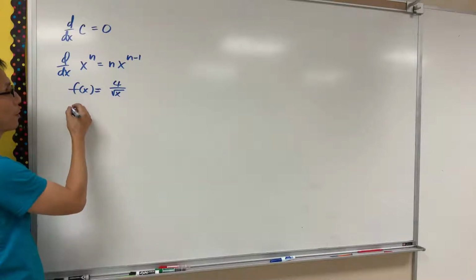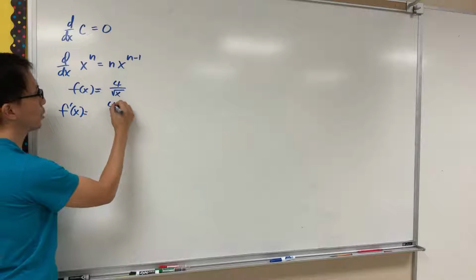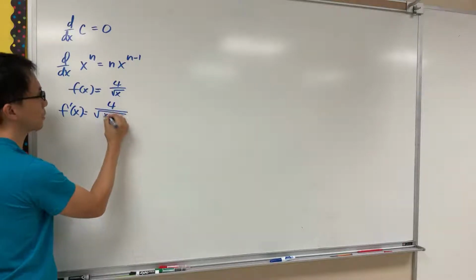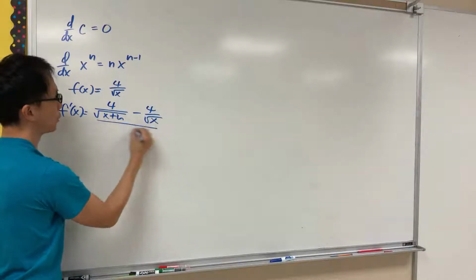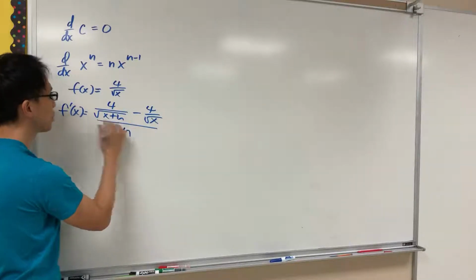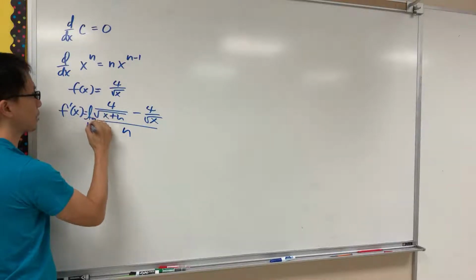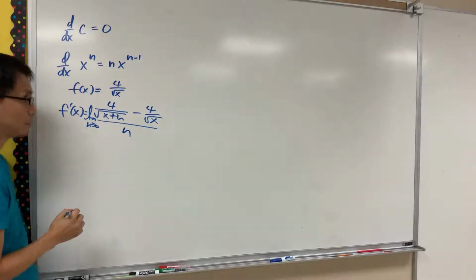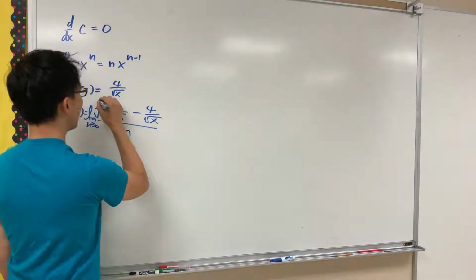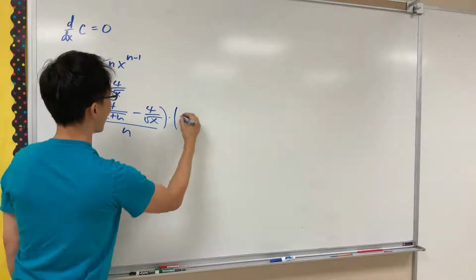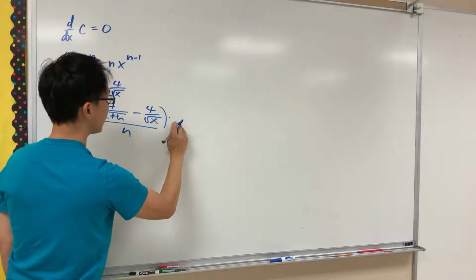If I compare both rules, let's say f prime of x is equal to the limit as h goes to 0 of 4 over square root of x plus h minus 4 over square root of x, all over h. And let's look at how much work I have to do. So let's say we multiply by a common denominator, right? Did you guys do that?